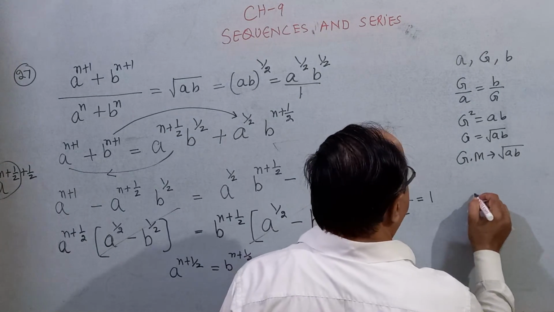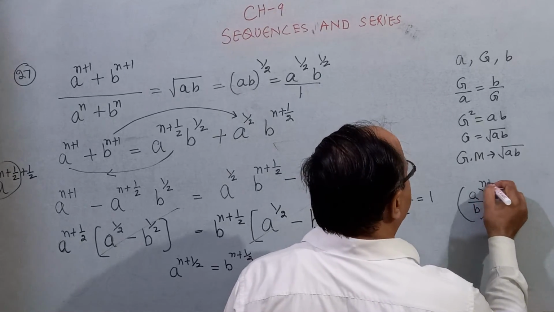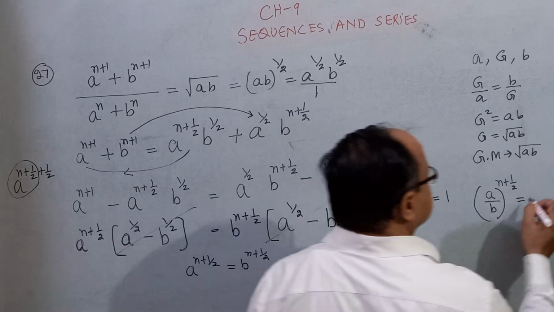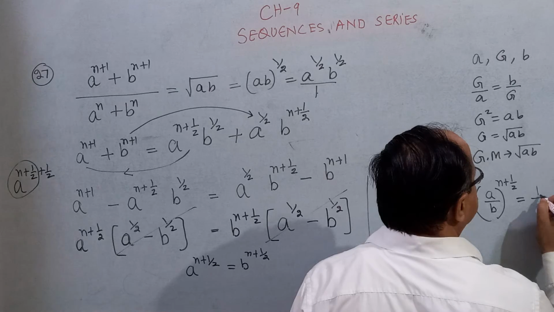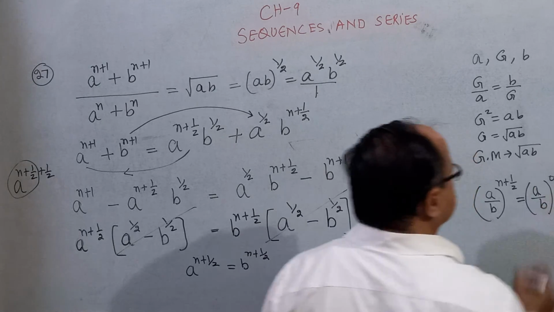Or you can say a by b whole to the power n plus 1 by 2, and in place of 1 you can write a by b whole to the power 0.